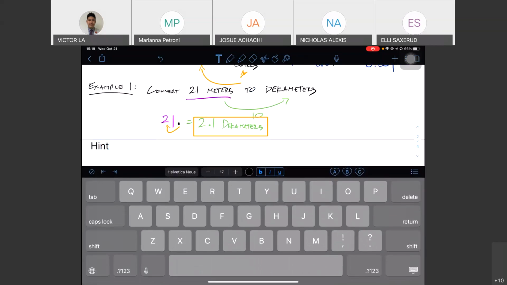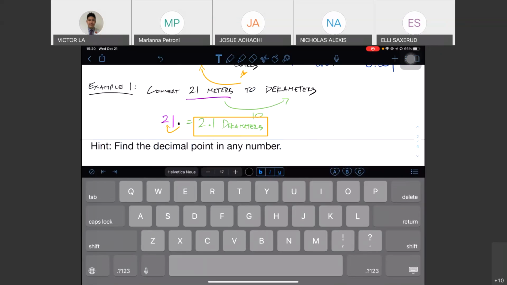Note, the hint here is to find the decimal point in any number. So that's what I did first.